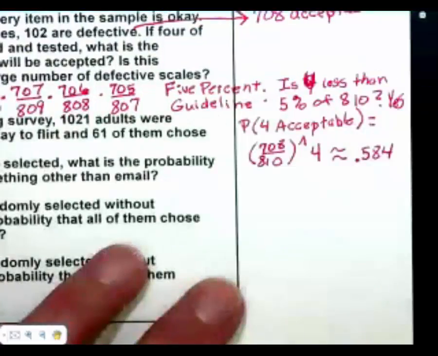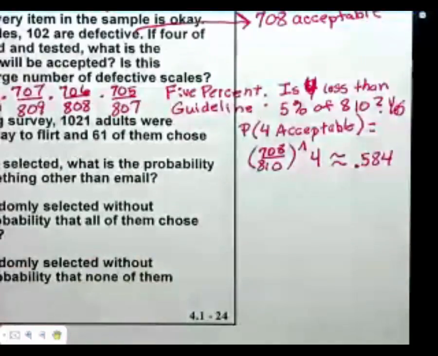That means if I use this method, if I only use a sample size of 4, almost 60% of the time, I'm going to say, yep, today's batch is good. I only drew out 4. All 4 were good. Yep, today's batch is good. But we know today's batch is not really that great.